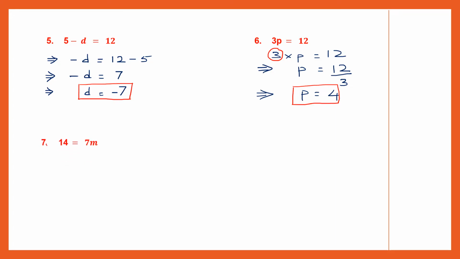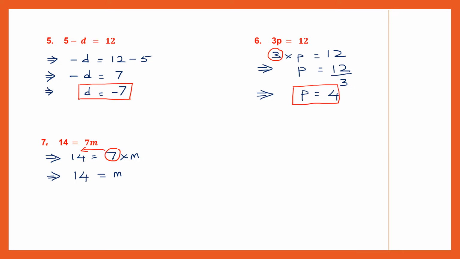Question 7. 14 is equal to 7m. So here we're going to leave 14 here. This is equal to 7m means 7 into m. So since we're going to find the value of m, we're going to leave m on the right hand side as it is. Here we have 14. We're going to transpose 7 from the right hand side to the left.